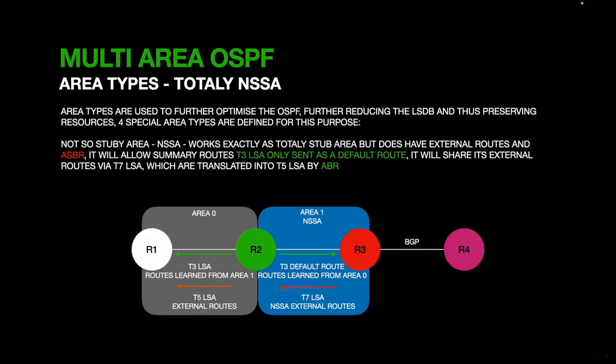Also we can have the totally not so stubby area. It works exactly like a not so stubby area, but like in the case of the totally stub area, R2 will send a default route, and R3 will generate a type 7 LSA, which will transmit the external routes to R2, and R2 will translate the type 7 LSA into type 5 LSA, and it will send those to the other routers.